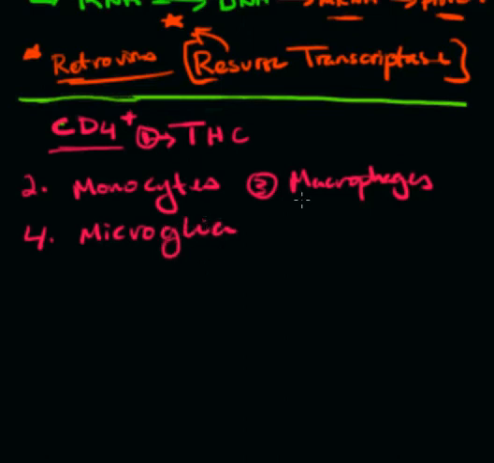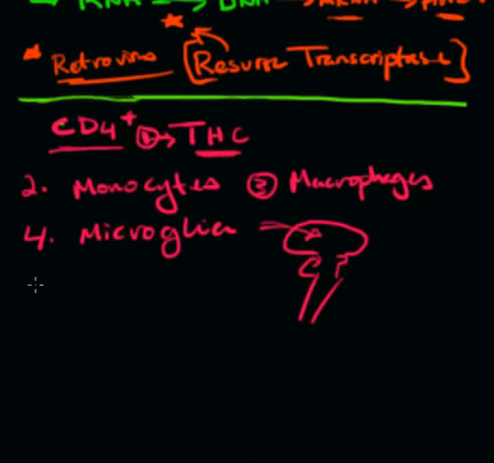Well, we know microglia is more like our immune system in the brain. So microglia, you're mostly going to find in our brain. Monocytes and macrophages are everywhere. And then T helper cells are the boss that tells everybody else what to do.